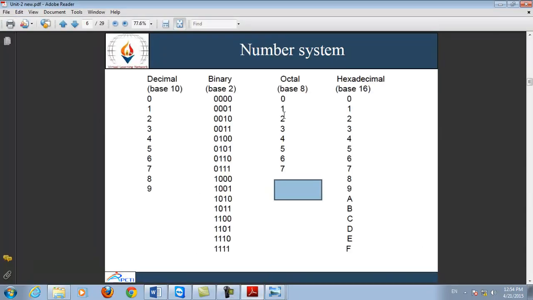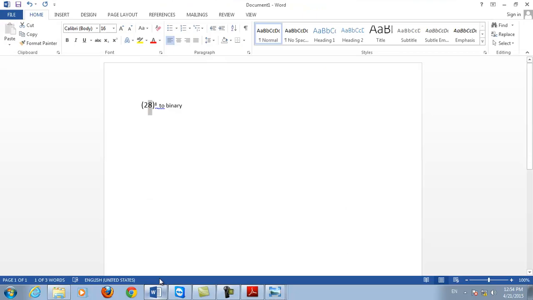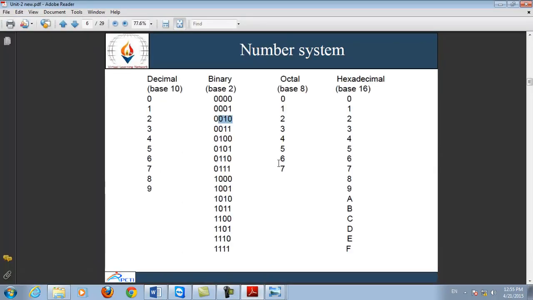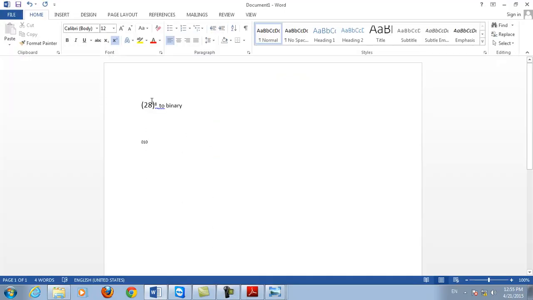It means for 2, the group of 3 digits is 010. And for 8, you cannot take 8 in case of an octal number, because an octal number is a combination of digits from 0 to 7.